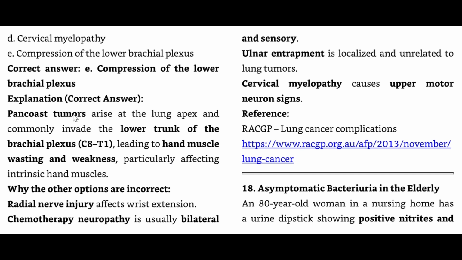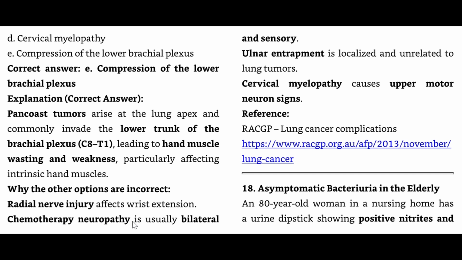So here, the Pancoast tumors, when they arise at the lung apex, commonly invade the lower trunk of the brachial plexus, which is formed by C8 and T1 nerve roots, leading to hand muscle wasting and weakness, while the other options are incorrect. Radial nerve injury affects the wrist extension.